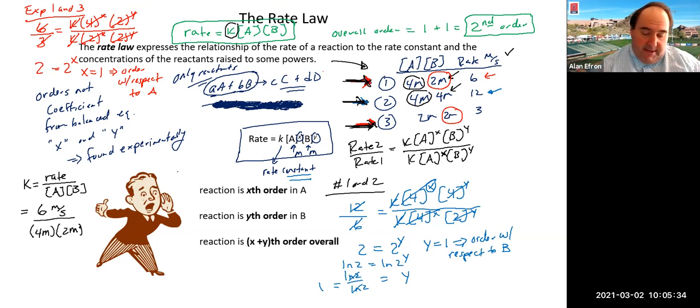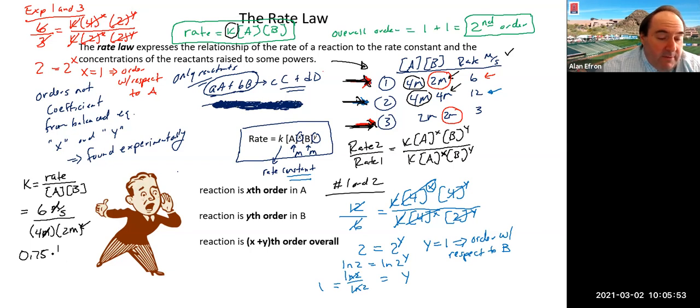So basically, in this made-up example, 6 divided by 4 divided by 2 gets us something like 0.75. Now, in terms of units, molarity on top cancels one molarity on the bottom. We still have a molarity on the bottom.